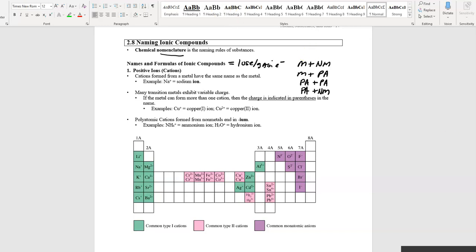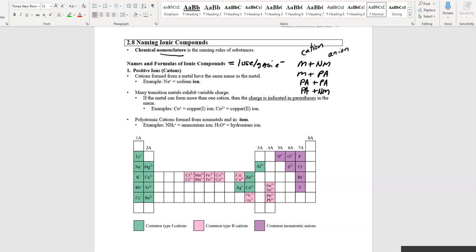So as long as you have ions, and more specifically two types of ions, cations always like to lose, and anions like to gain. So cations lose electrons, anions like to gain those electrons.